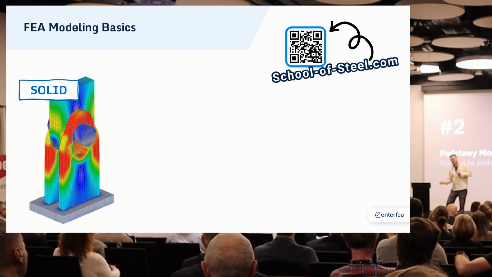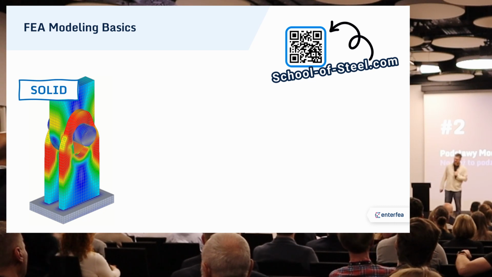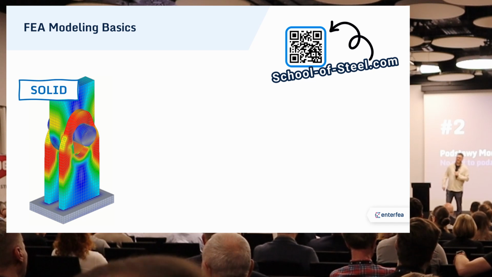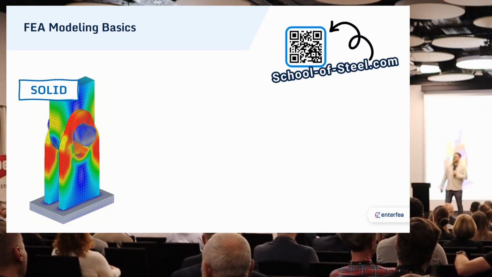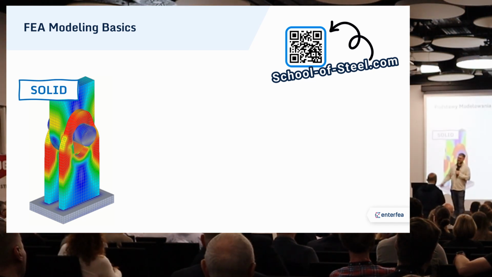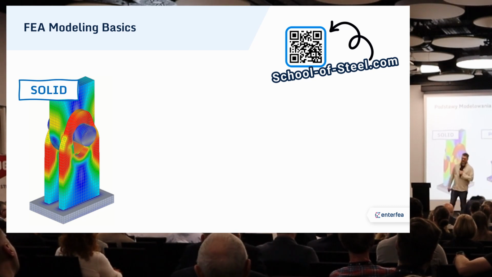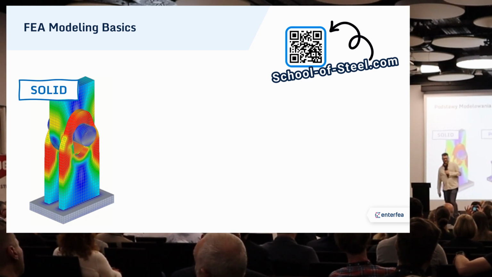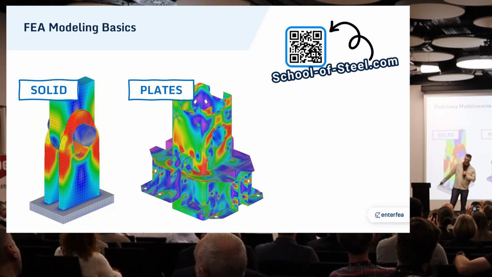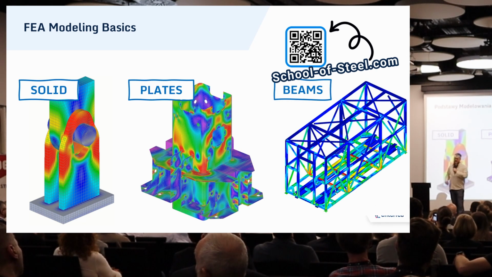The first choice you will encounter is which type of elements you should use. I mean, if I tell you that we want to model the connections in FEA, the first thing that will come to your mind most likely is such a solid model. But you also can use plates or beam elements.